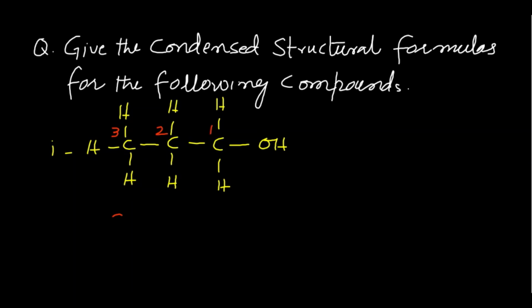Now start writing the condensed structural formula. With the third carbon, how many hydrogen atoms are attached? Yes, there are 3 hydrogen atoms. So we write 3 hydrogen atoms with the third carbon. With the second carbon we have 2 hydrogen atoms. With the first carbon we have 2 hydrogen atoms and a hydroxyl group.